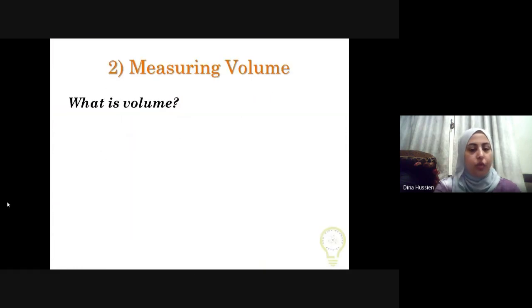So what is volume? What is meant by volume? Does anyone know? Write it in the chat box quickly.